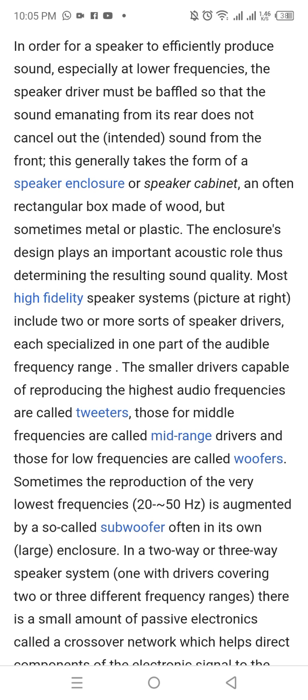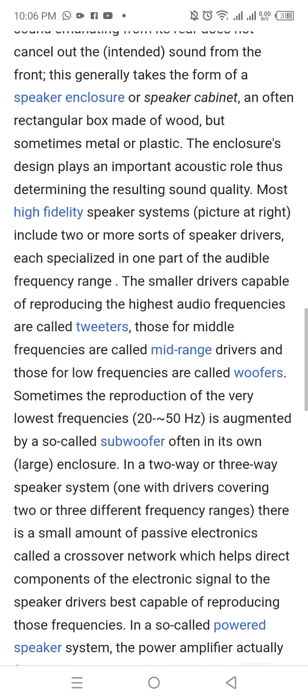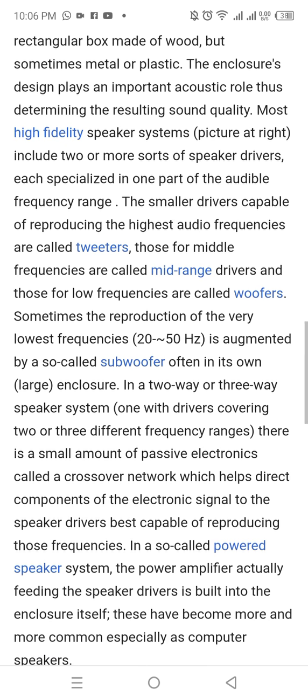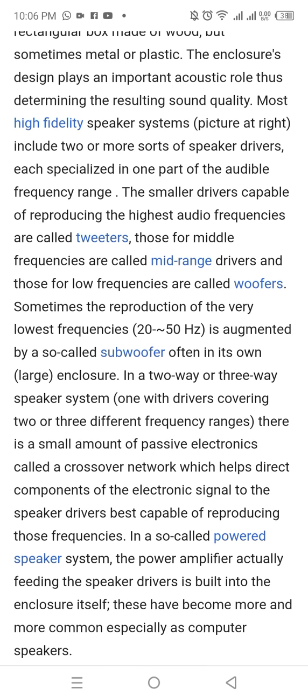Those for the middle frequencies are called mid-range drivers, and those for the low frequencies are called woofers. Sometimes the reproduction of the very lowest frequencies, 20 to 50 Hz, is augmented by a so-called subwoofer, often in its own large enclosure.